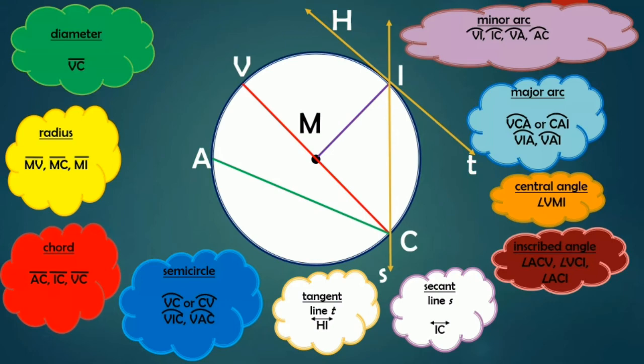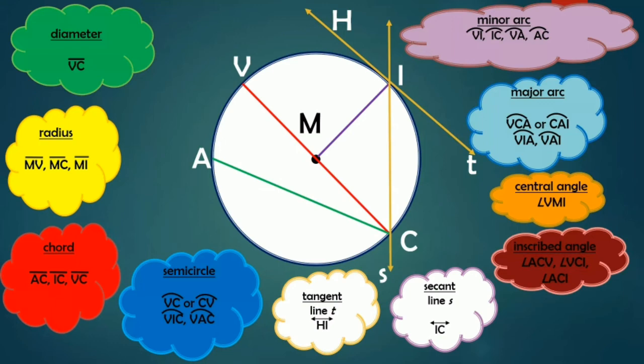Next, let's have the minor arcs. In the given circle, the minor arcs are arc BI, arc IC, arc BA, and arc AC. We name the minor arc by using 2 points. The measure of the minor arcs are less than 180 degrees or less than a semicircle.